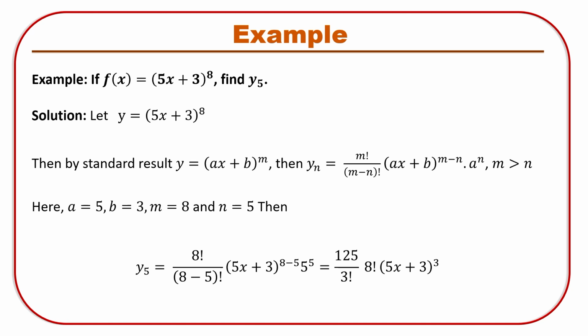Similarly, now using the formula we had derived for three cases, for y equal to (ax plus b) power m, we had already derived y of n equal to factorial m divided by factorial (m minus n), into (ax plus b) power (m minus n), into a power n.